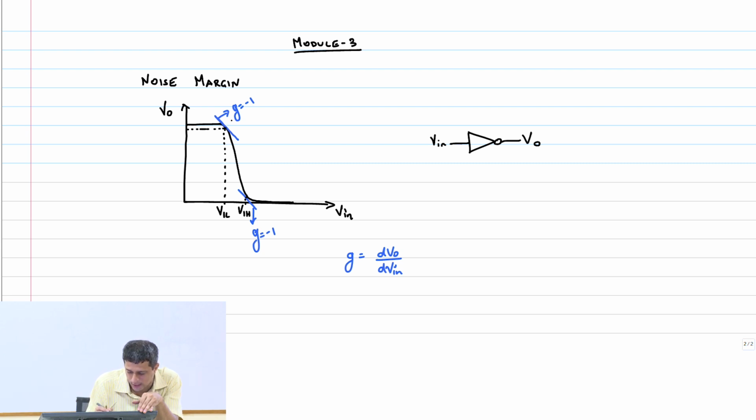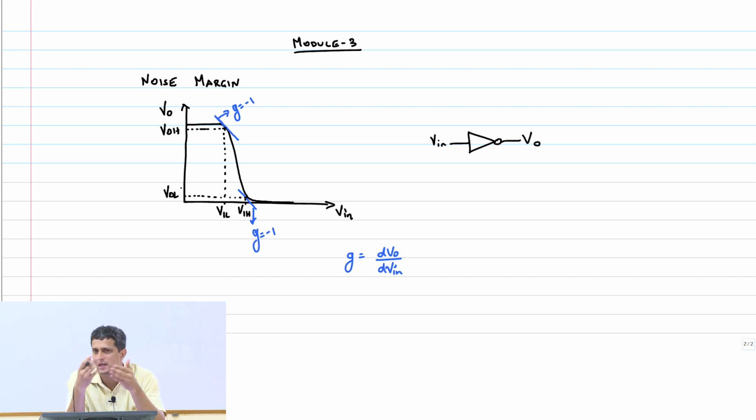The corresponding y-axis value is VOH for VIL, because it's an inverter, and VOL, right? So we wanted to find these points in a short channel transistor.